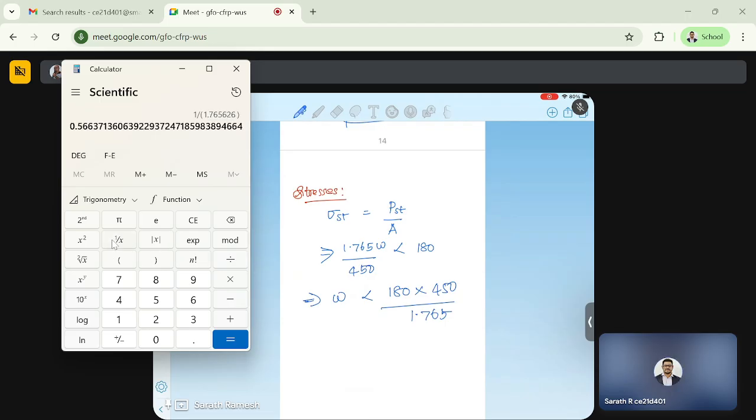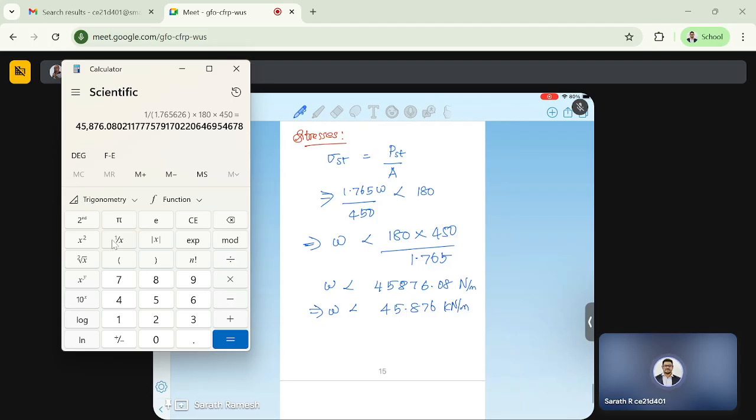This reciprocal times 180 times 450 gives W less than this, in newtons per meter. So it's giving me 45876.08 newtons per meter. So W is less than 45.876 kilonewton per meter. Okay, this is for steel.